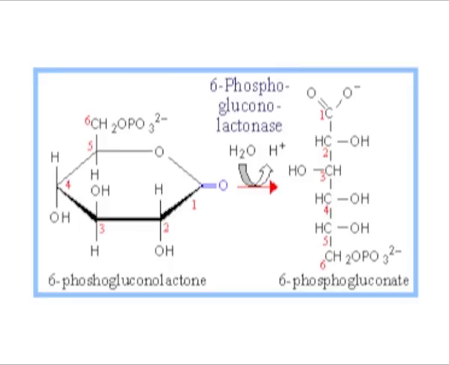It catalyzes hydrolysis of the ester linkage resulting in ring opening. The product is 6-phosphogluconate. Although ring opening occurs in the absence of a catalyst, 6-phosphogluconolactonase speeds up the reaction, decreasing the lifetime of the highly reactive and thus potentially toxic 6-phosphogluconolactone.